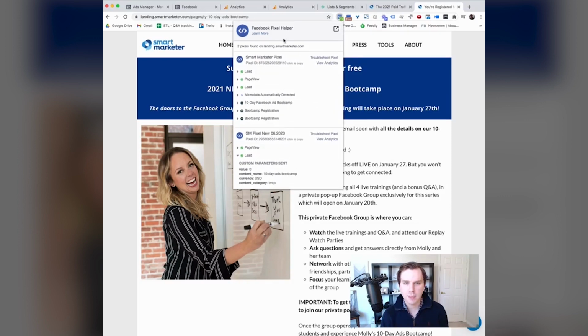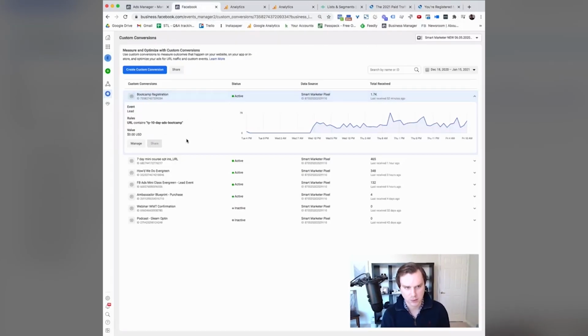So there's 2 unique pixels, but because there's 2 pixels, that should not mean that in one single pixel, it's double counting the events. And even doubling the events, it would only be 1.5K, if we're doubling roughly 750. So something is wrong with Facebook's custom conversion tracking.